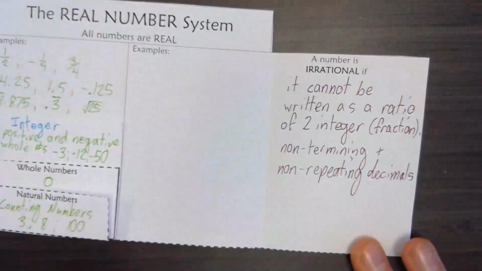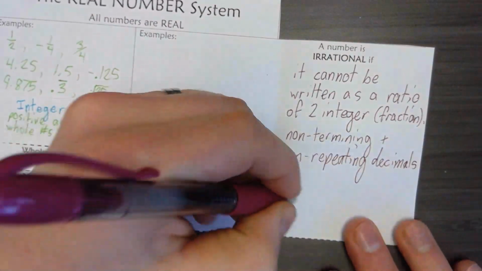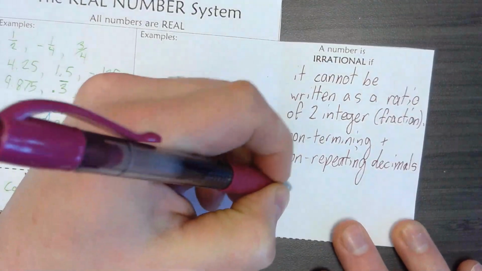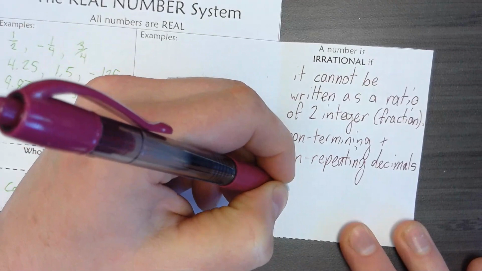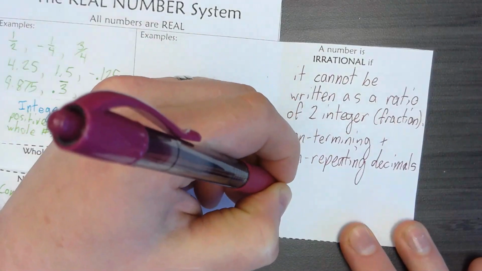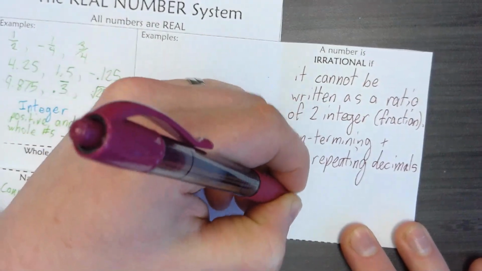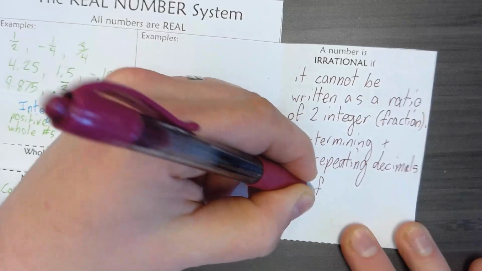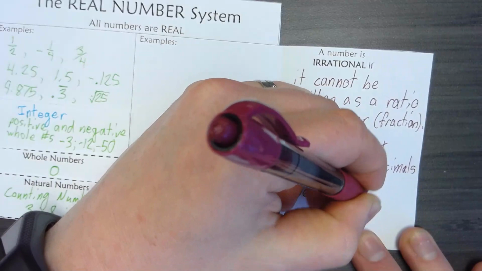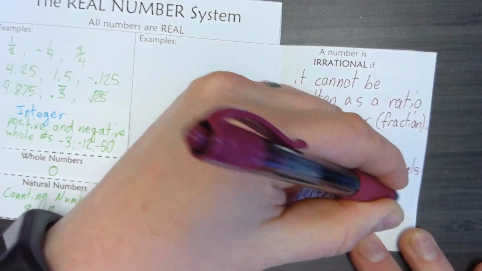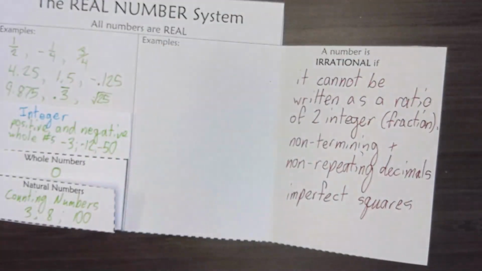Another really good example of irrational numbers that we're going to see a lot are imperfect squares. Okay, so there's only 3 numbers left on this sheet.